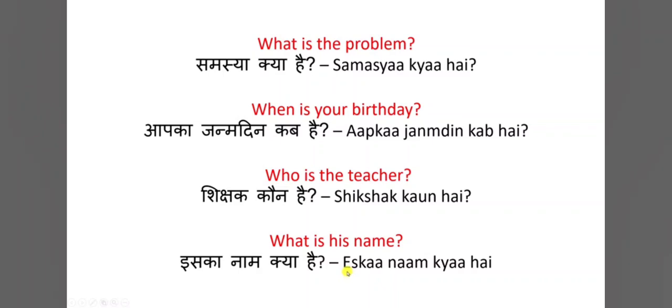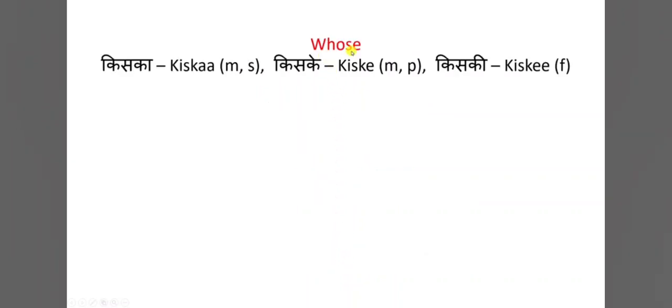Who is the teacher? शिक्षक कौन है? शिक्षक is teacher, कौन is who, है is. What is his name? इसका नाम क्या है? इसका is his, नाम is name, क्या is what, है is. Okay? Here E can be replaced by I too. Alright? Now, let us look at few more interrogative words. Whose has three words in Hindi: किसका, किसके and किसकी. Okay? Now, किसका is used with masculine singular, किसके is used with masculine plural, किसकी is used with feminine, both singular and plural.